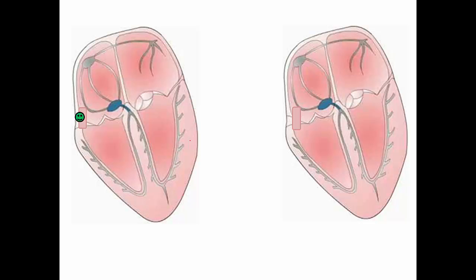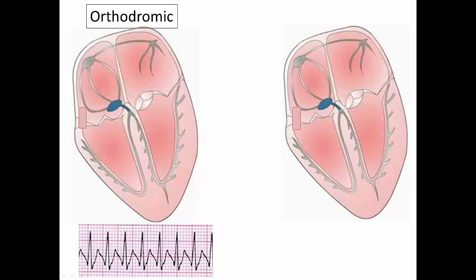It's just going round, but it's going in a clockwise fashion, and this is called orthodromic AVRT. And if you look at it on the ECG, it just looks like regular SVT. So basically, we can't tell the difference on an ECG whether it's orthodromic AVRT or AVNRT. We're not going to know.